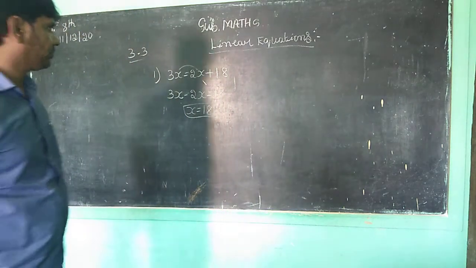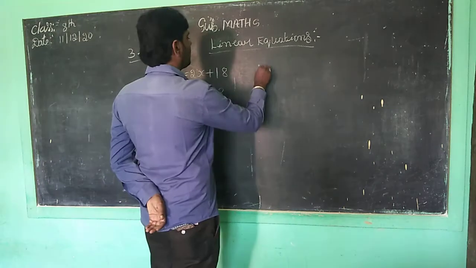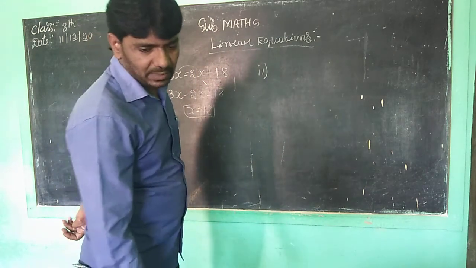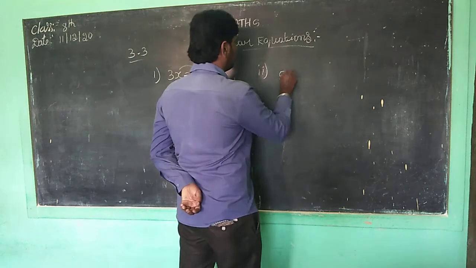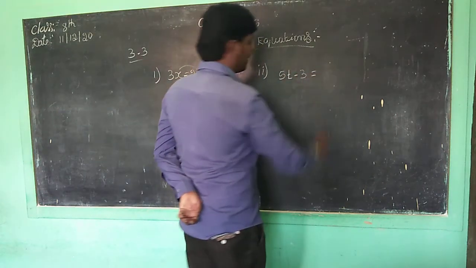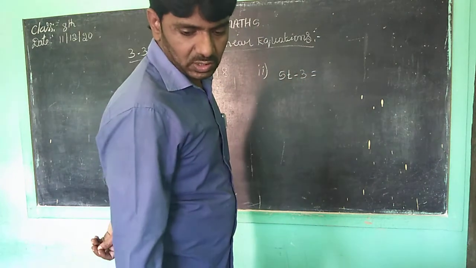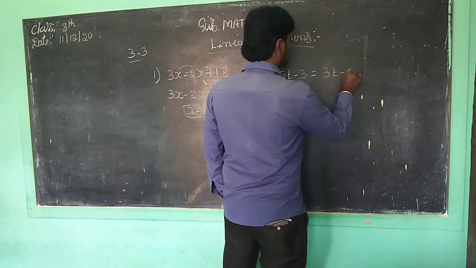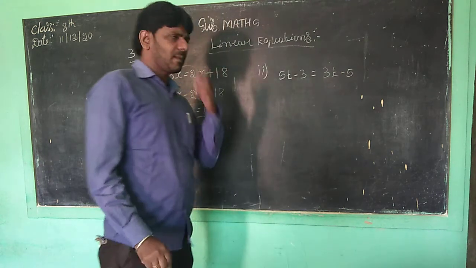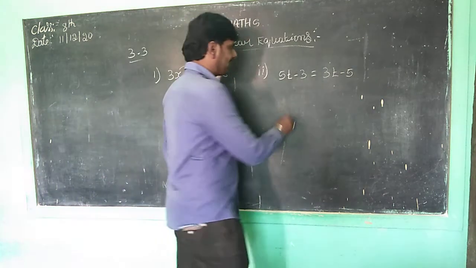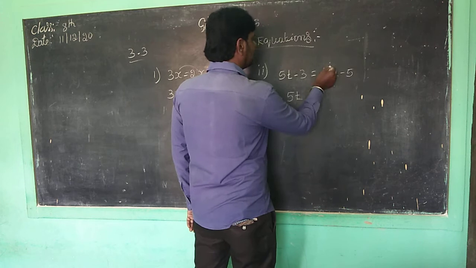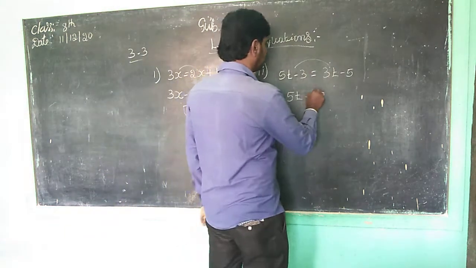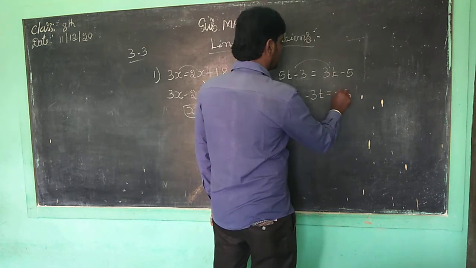Second question: 5t minus 3 is equal to 3t minus 5. Children, this 5t stays as it is, and this 3t will transpose to the left hand side, meaning minus 3t, is equal to minus 5.